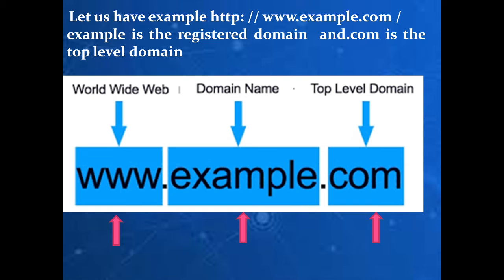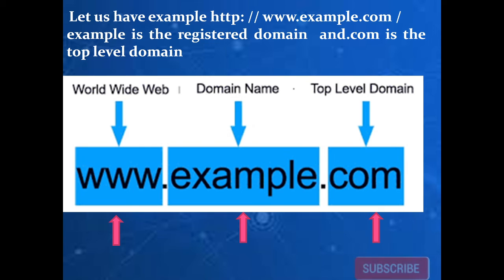This name has been registered, and .com is known as the top level domain. All these things together make what, beta? URL, Uniform Resource Locator. All these things combine to give us the Uniform Resource Locator.